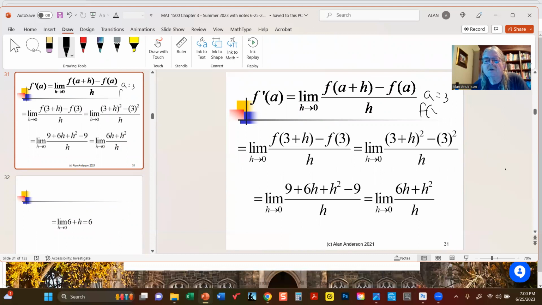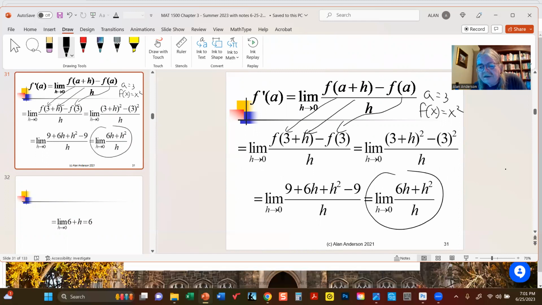F of x is, of course, x squared. So we have f of 3 plus h squared minus 3 squared over h, which we've already seen reduces to this. And then, of course, this reduces even further to simply 6 plus h. So we end up with 6.